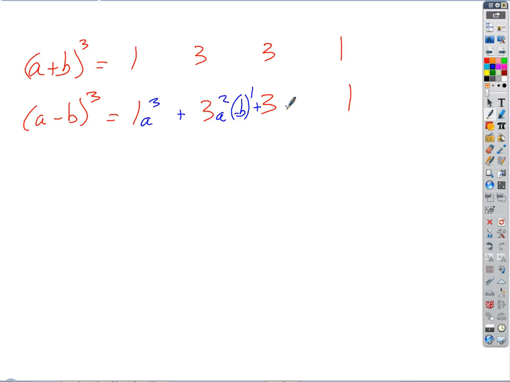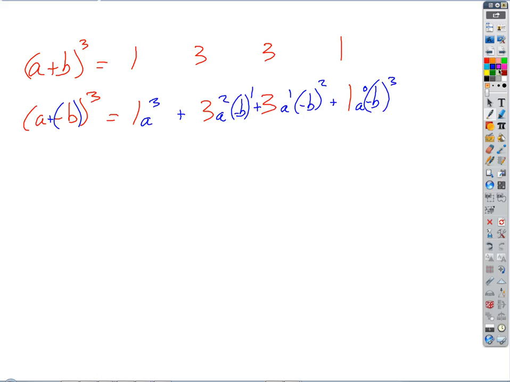I get 3a to the 1 negative b squared, right? And all I'm doing is I'm just thinking of this a minus b as being an a plus negative b, right? And using the pattern that we've already established. And then the last one's going to be plus a to the 0 negative b cubed.